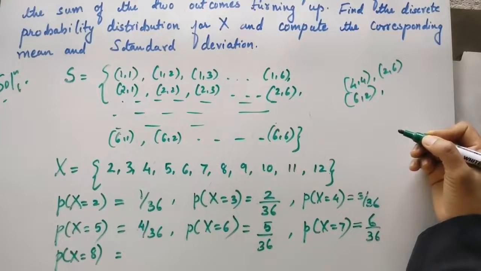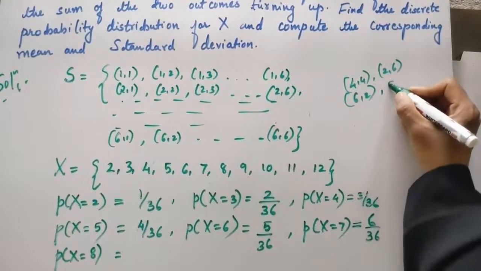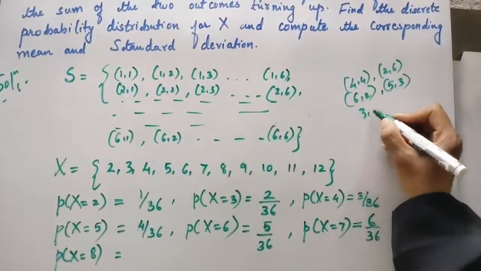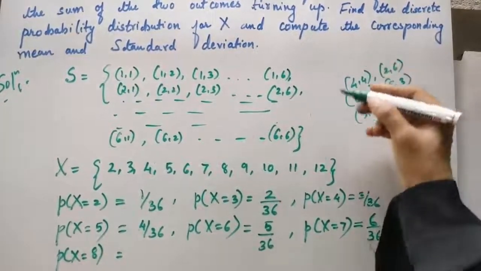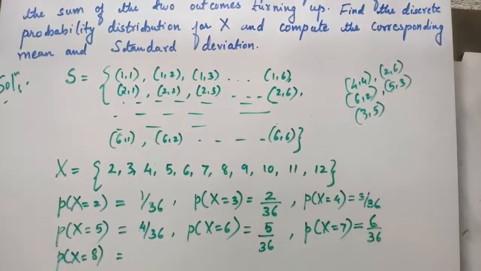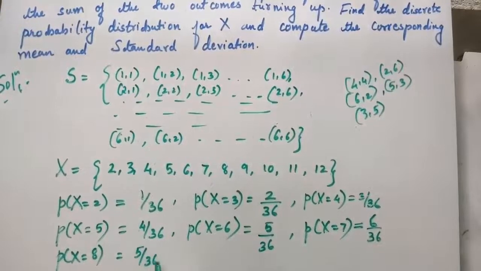Further 5 comma 3, 3 comma 5. Any other possibility which results in 8? No. So these are the 5 brackets which result the addition to be 8. So it will be 5 over 36, the probability.